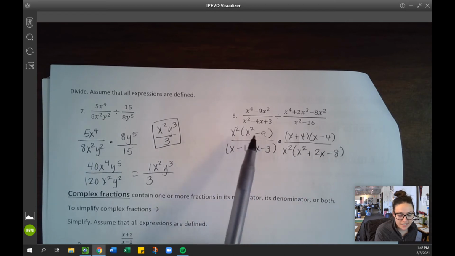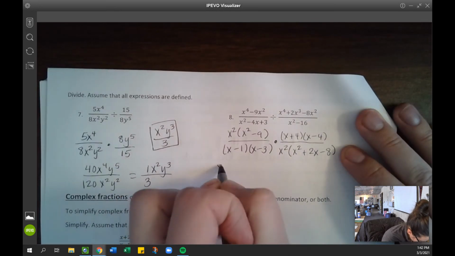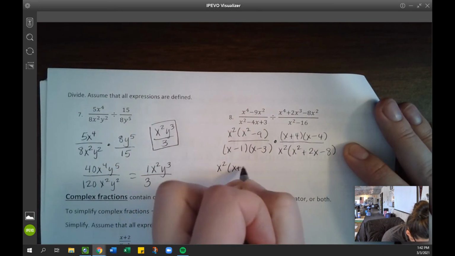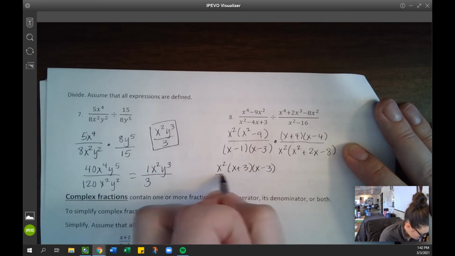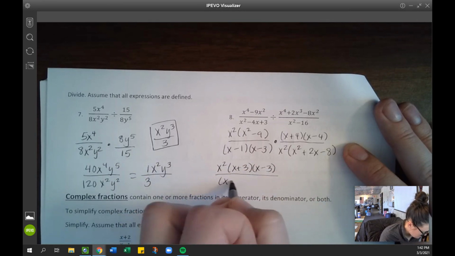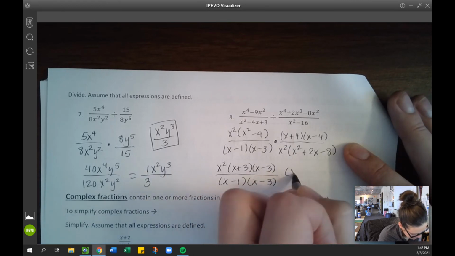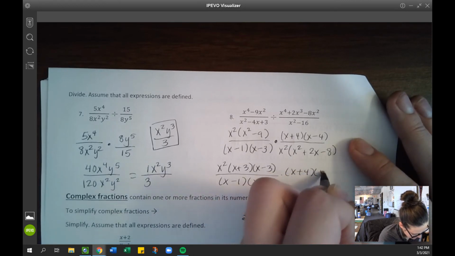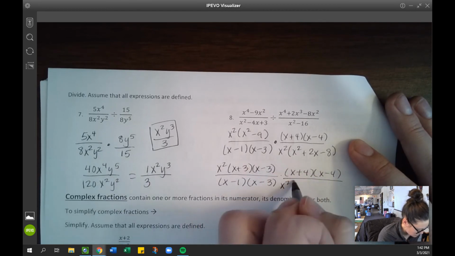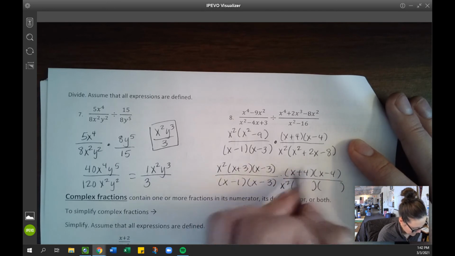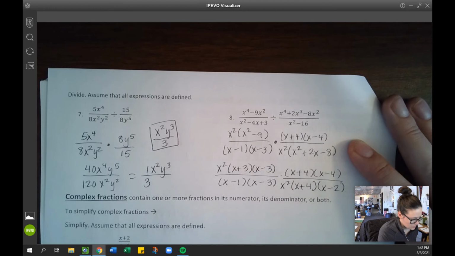Now, I'm actually not done because there's still more that can be factored. x squared minus 9 is a difference of squares, and this also can be factored. So I'm left with x plus 3 and x minus 3 over x minus 1 times x minus 3, times x plus 4 and x minus 4 over, I still have that x squared there. And to factor that, I'm going to have x plus 4 and x minus 2.